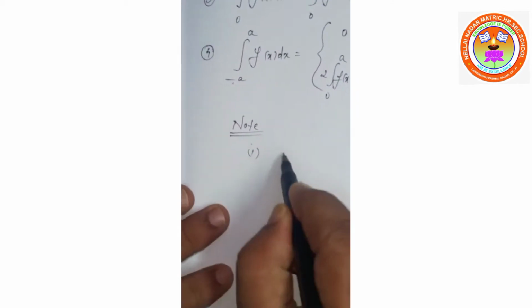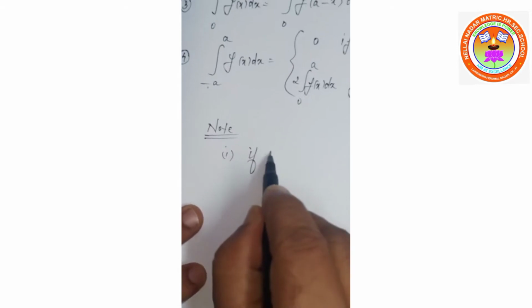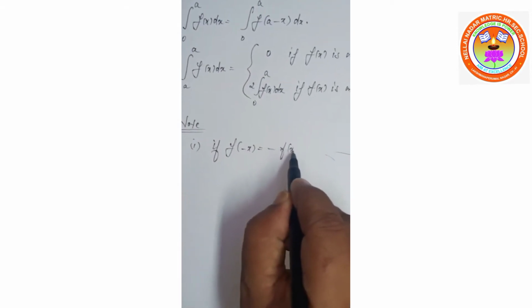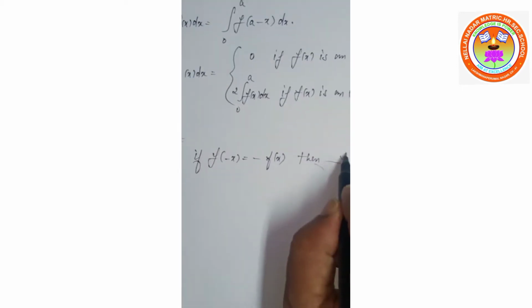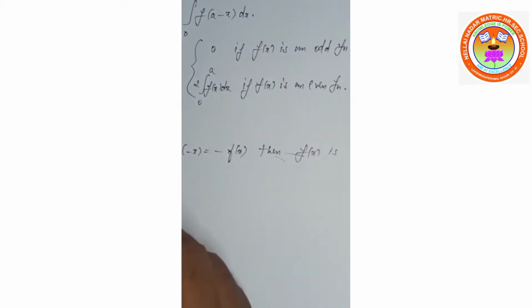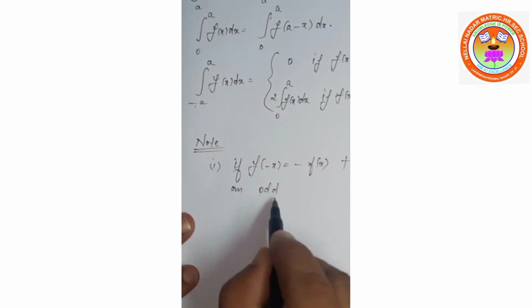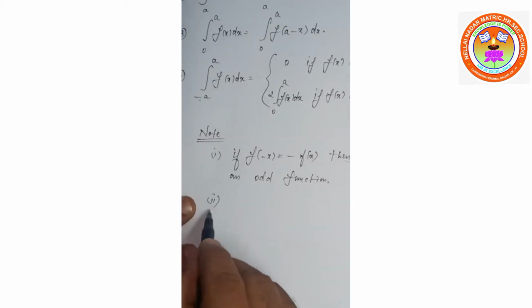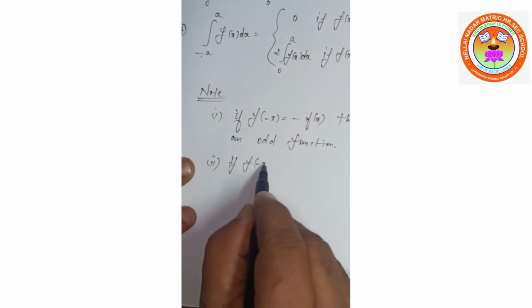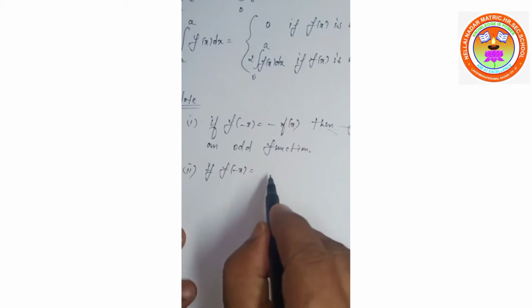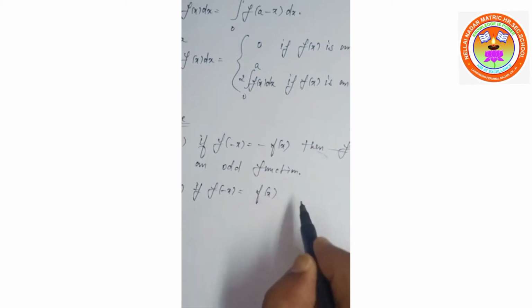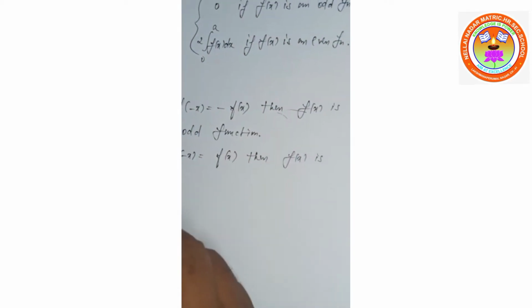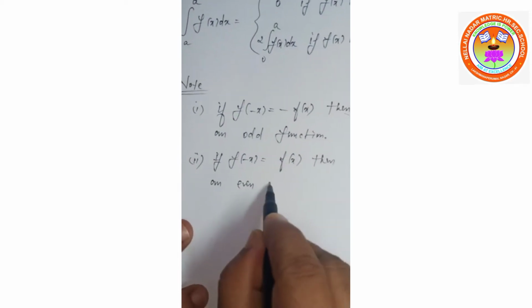Note number 1: if f of minus x equals minus f of x, then f of x is an odd function. Second one: if f of minus x equals plus f of x, then f of x is an even function.